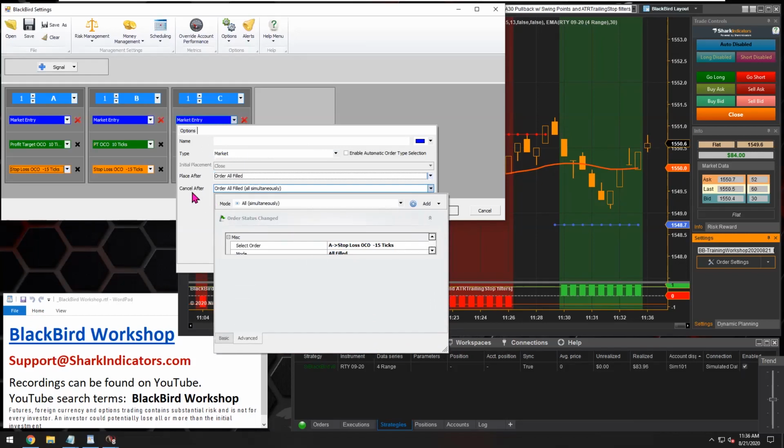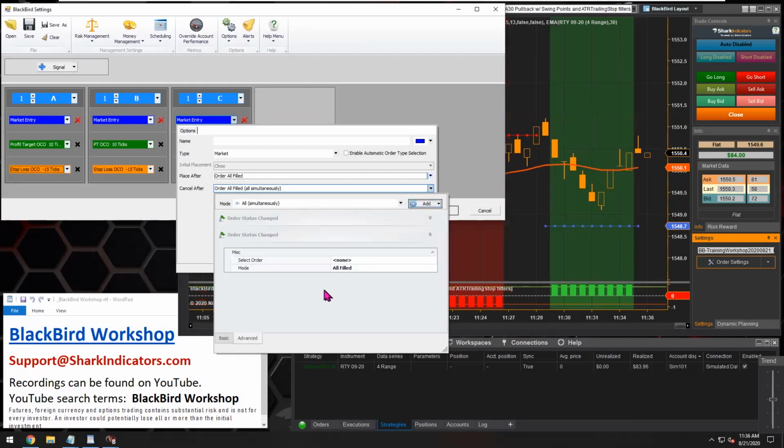So what we'll do here is the cancel after. We're already monitoring the stop loss for A here. So what we're going to do is add another order status changed. So we now have 2 order status changes, and on the second one, we're going to monitor the stop loss for B. There we go.